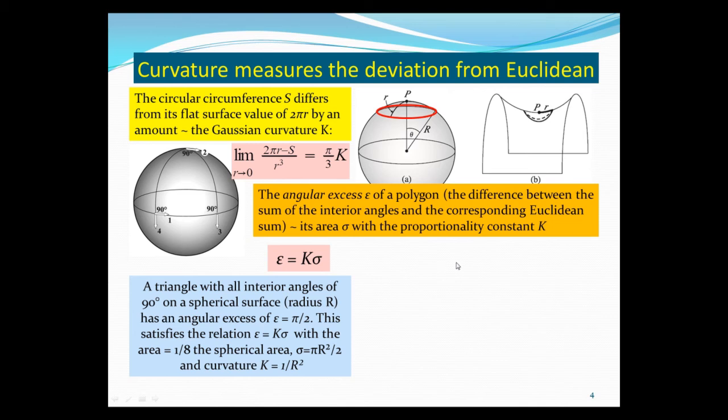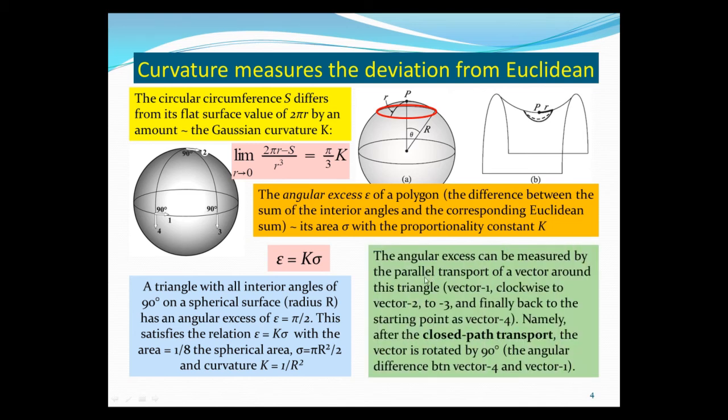It turns out this angle excess can also be measured by an operation called parallel transport of a vector around the polygon, in this case a triangle. I have a vector starting from the lower left corner, vector 1, then I parallel transport up to here, so that's point 2.